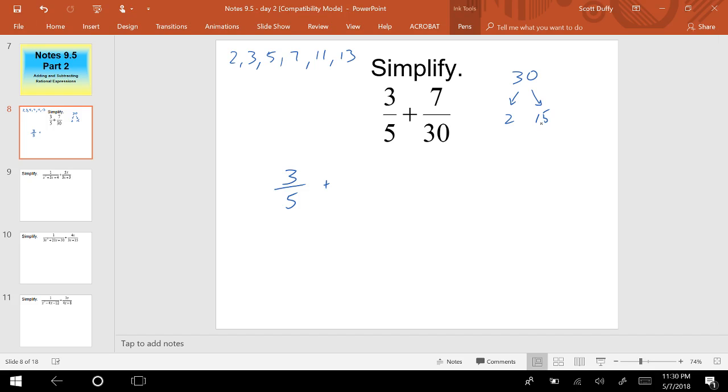So if 15 isn't divisible by 2, then you ask, is it divisible by 3? Why, yes it is. 5. Then is 5 a prime number? It sure is. So 30 being factored is 2 times 3 times 5. So instead of writing 7 over 30, I'm going to write 7 over 2 times 3 times 5.